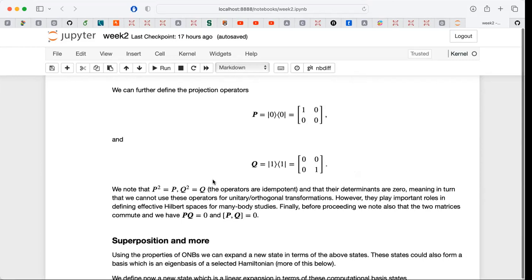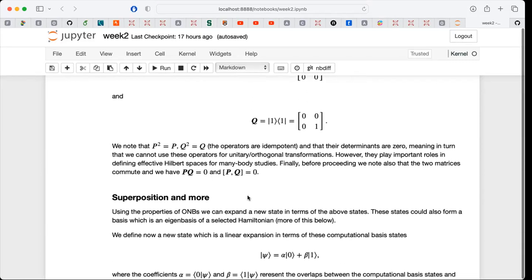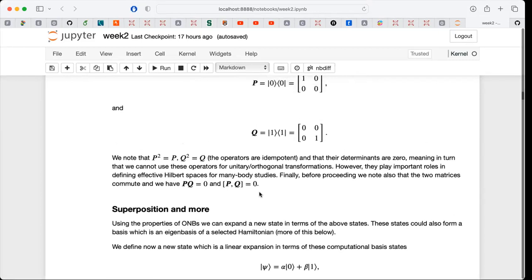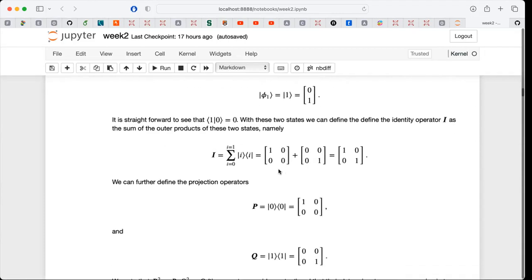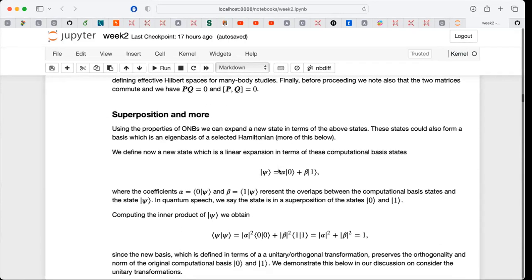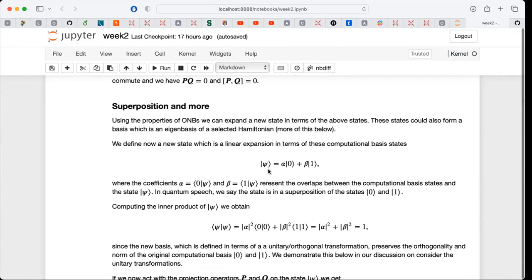Now, one of the other things which we did last time was to define the superposition of states. With this basis, phi 0 and phi 1, or just 0 and 1 as I will often use, we can think of it as a complete, orthogonal and normalized basis. And with that, we can make a superposition and define a new state psi, given by a linear combination of these states with a given coefficient in front of each.